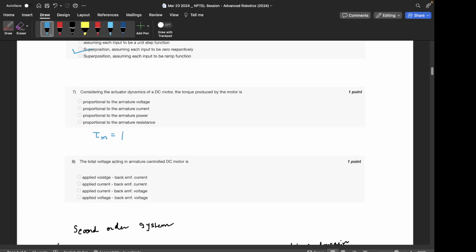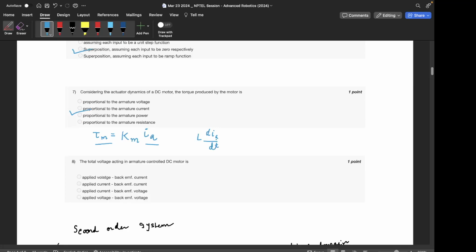We know this relation that the torque produced by the motor is directly proportional to the armature current, right? And the equation that we write, the RL circuit, is this equation, right?